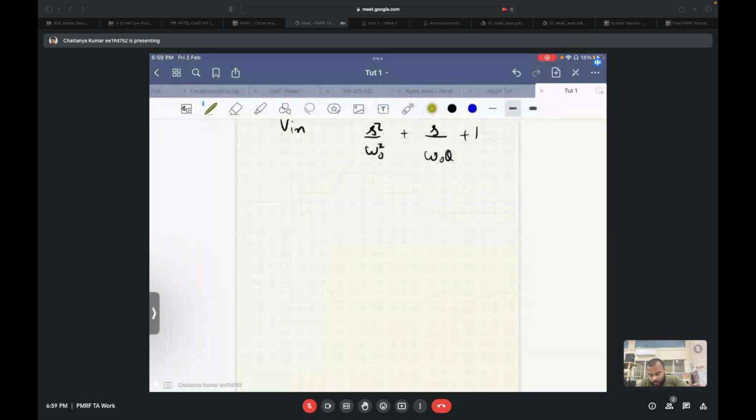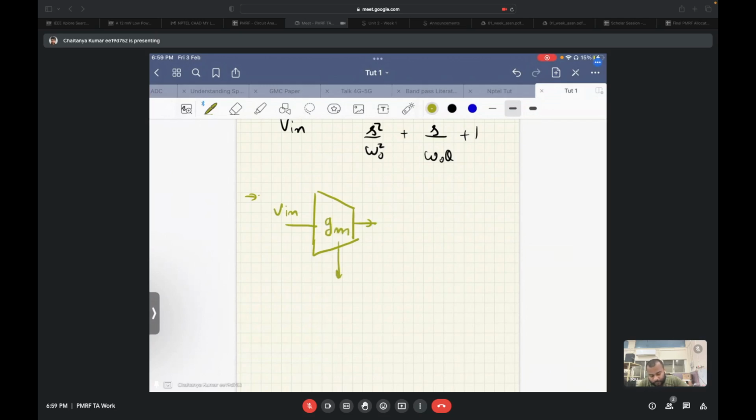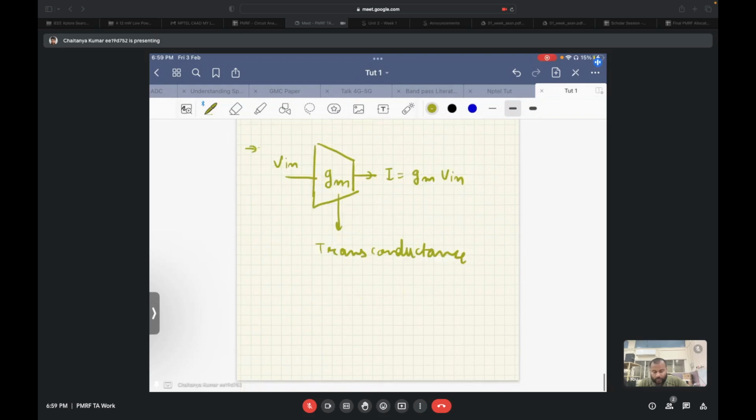So how is a GMC filter made? Before that, let's see what GM is. What thing I'm calling as a GM. So consider this block which has some input V in, and based on the GM, that is its transconductance, it gives you the current as I is equal to GM times V in.